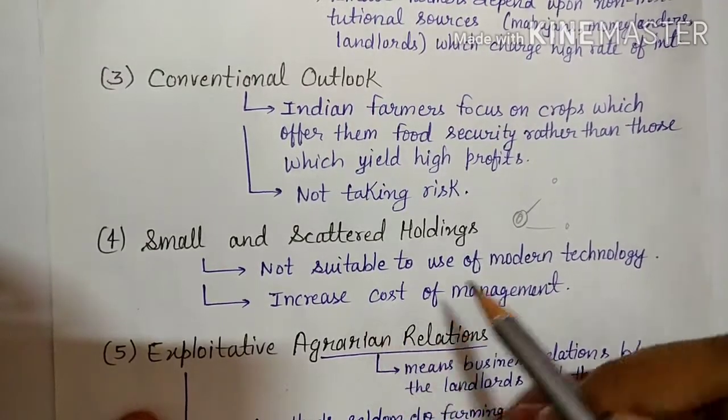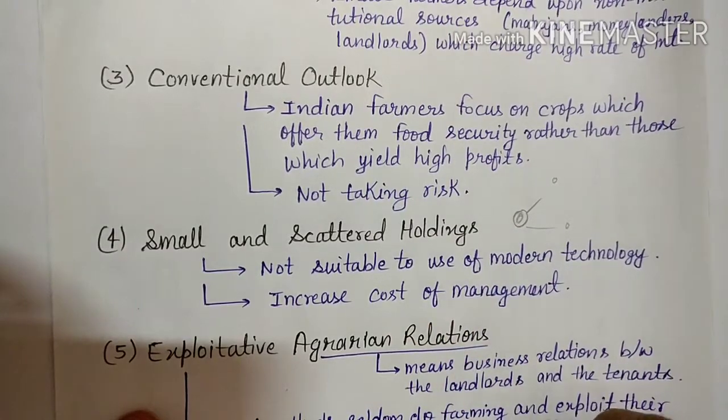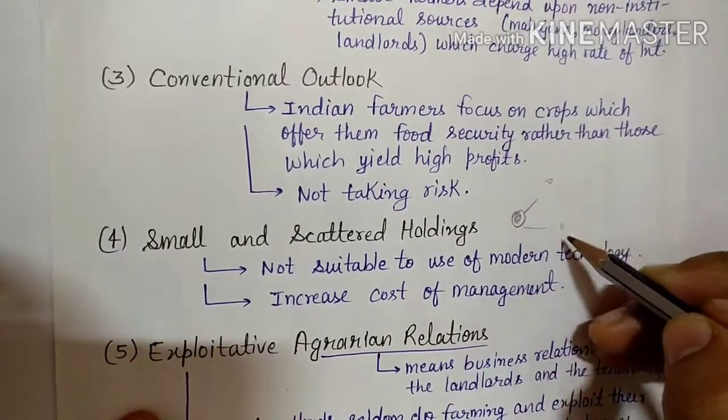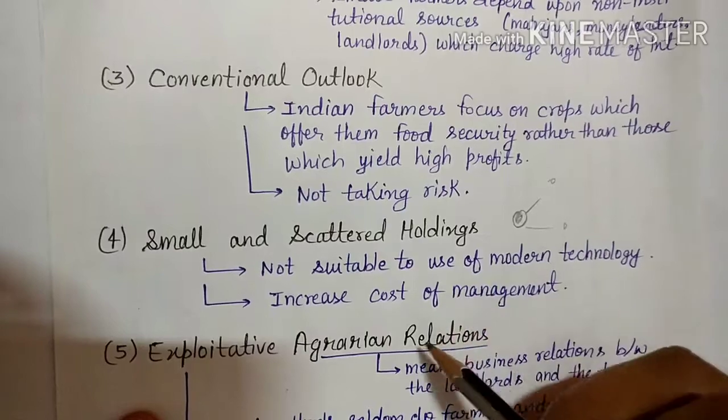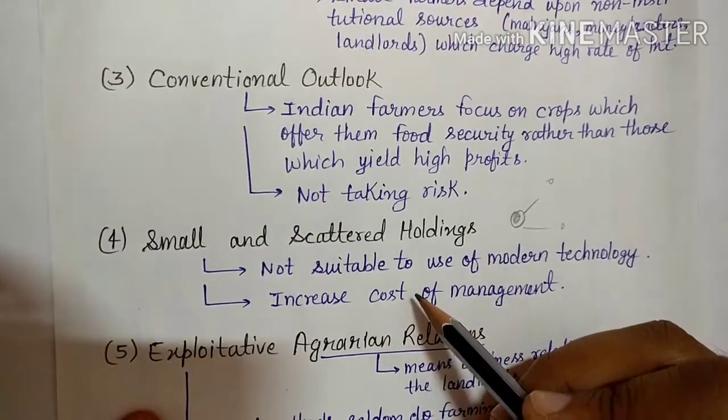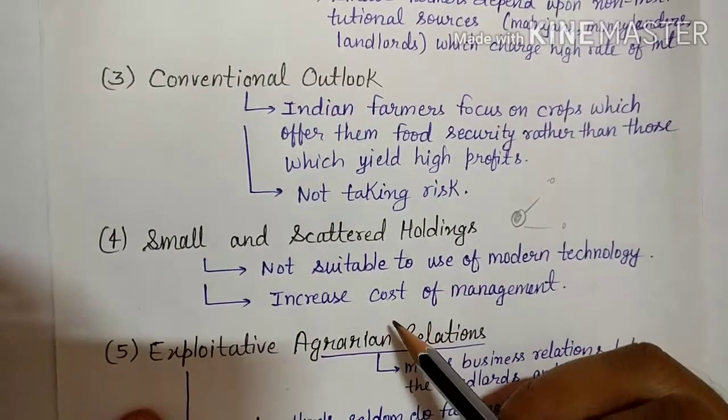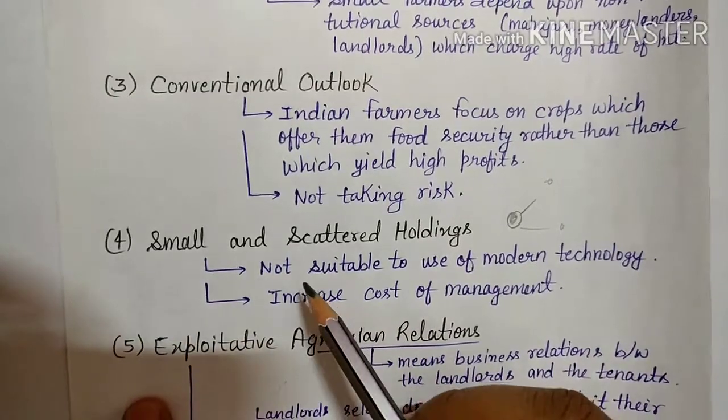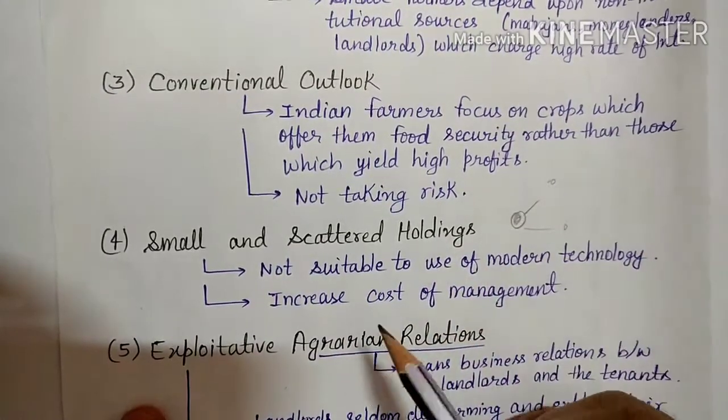This also increases the cost of management, because one is here, one is here, one is here. So already they are facing financial problems, and this again increases cost. So that's why small and scattered holdings are a problem for Indian agriculture.